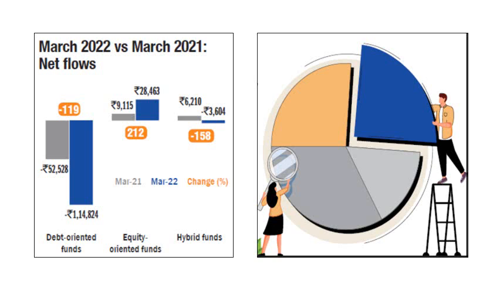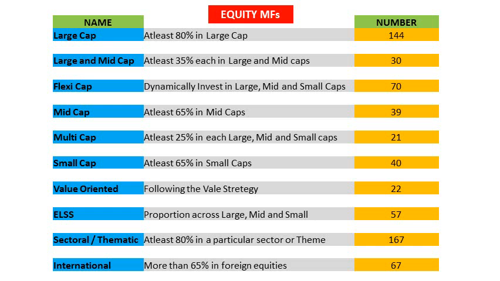Then let us see the hybrid funds. Last year it was 6,210, now it becomes 3,604. That means here also minus 158% down compared to last year. So this is very important data. We have to understand how the fund managers and the people close out or how they are entering the new funds.